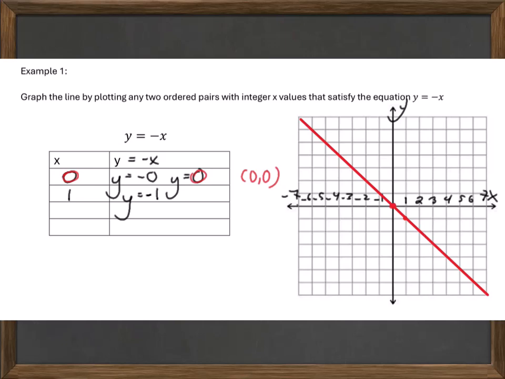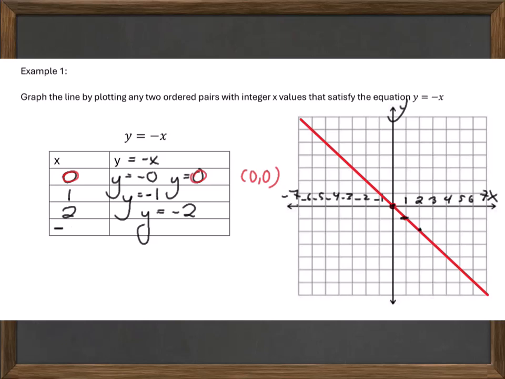So again, the 2 points that we had, one was right here and the other one was right there. Just so you understand, I happened to pick the points x equals 0 and x equals 1. I could have also picked the number 2. If I let x equal 2, well, y is equal to negative x, so y would be equal to negative 2. So that's the point right here.